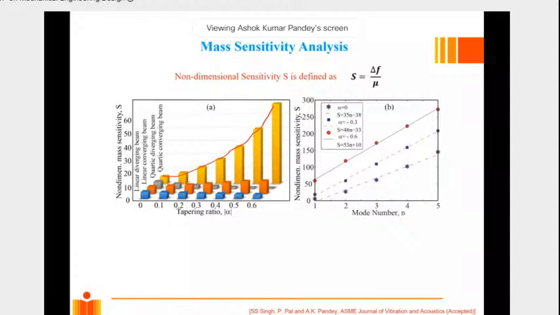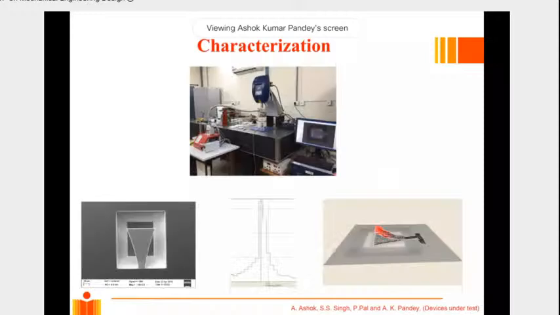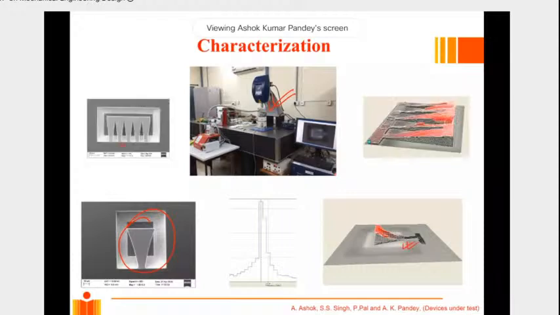So these are some of the factors that can be utilized, and again we tried to fabricate these structures, and then we did measurement using the laser vibrometer that we have, and then you can capture the mode and do the measurement. If it is in the form of an array, you can also do this measurement.